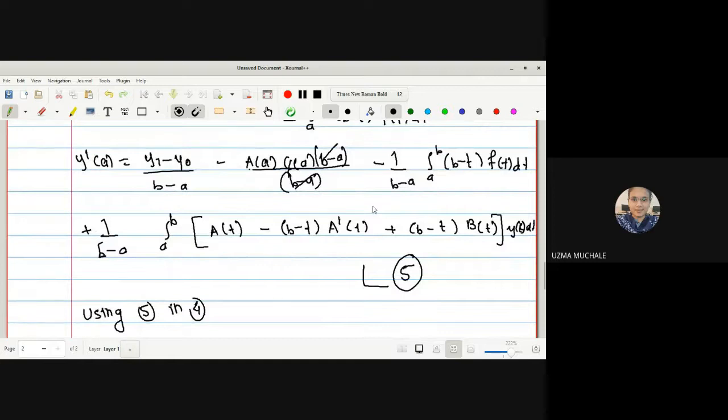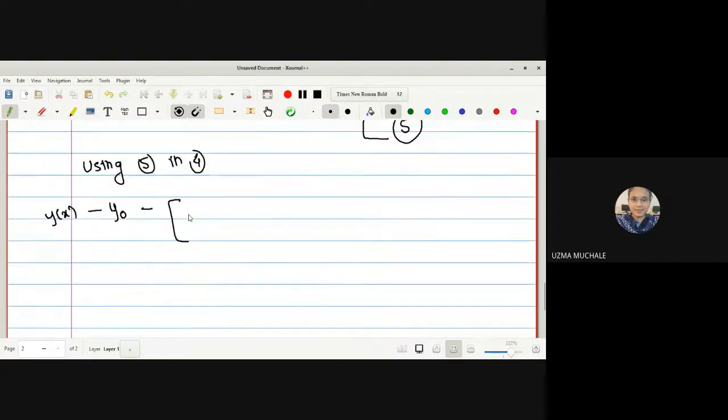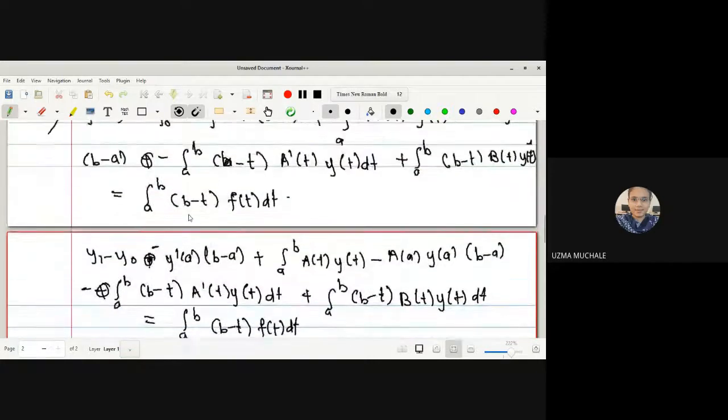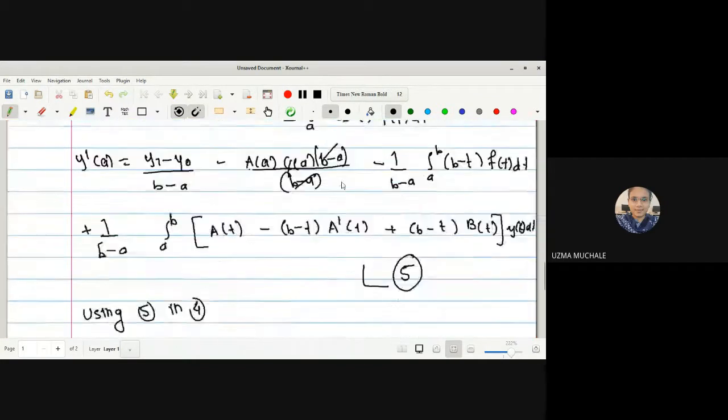This whole term we have to write down here in terms of y dash of a. Okay, let me show you the equation 4. What is the equation here? Y of x minus y naught. This y dash of a is nothing but your equation 5. And here x minus a, we have to keep it as it is. And we have to write this term once again.